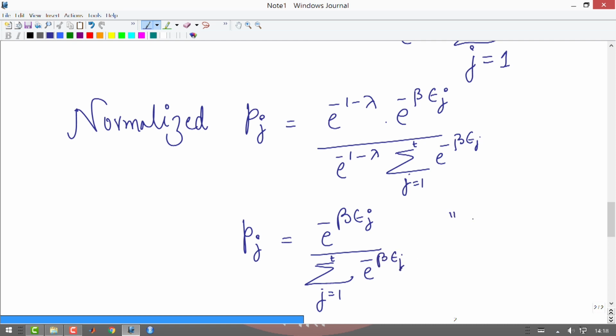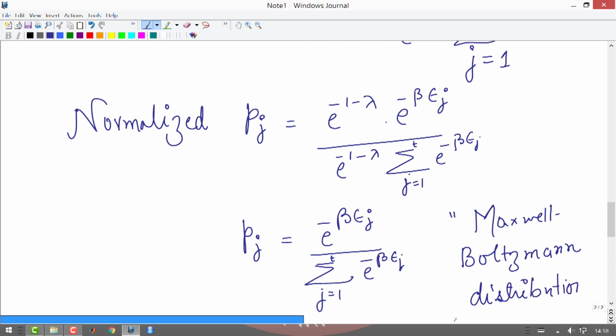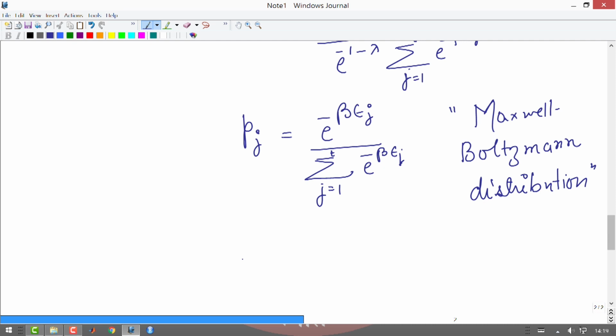And this is nothing but, if you say that beta is 1 over kT and the Ej's are nothing but the energy levels of the jth state, then this is nothing but the Maxwell Boltzmann distribution, where our normalization constant, okay, is also known as a partition function.